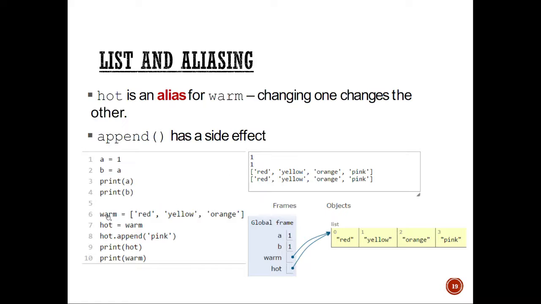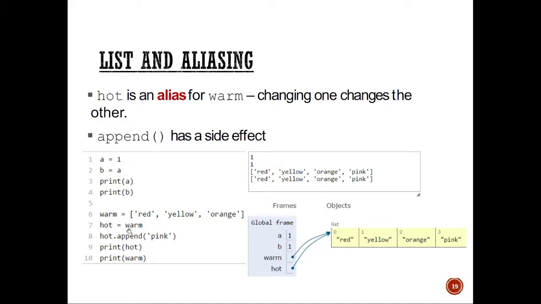Now assume we define the list warm to contain red, yellow, and orange, and create a new variable hot equal to warm. Now if we append to the variable hot the word pink and then print out hot and warm, we would actually get the following lists.